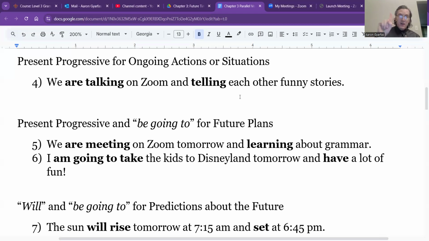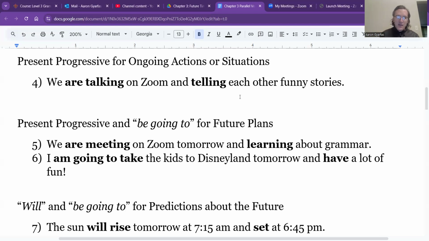You only need one be verb there. So at number five, we are meeting on Zoom tomorrow and learning about grammar. You only have one be verb, we are, but then you have more than one ing verb. We are meeting and learning.